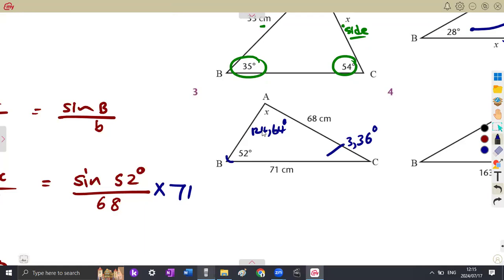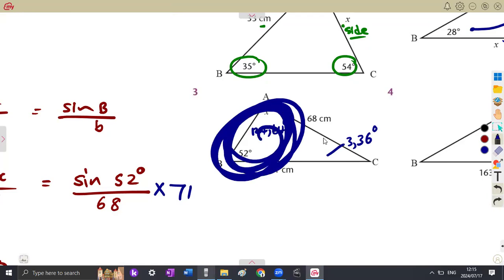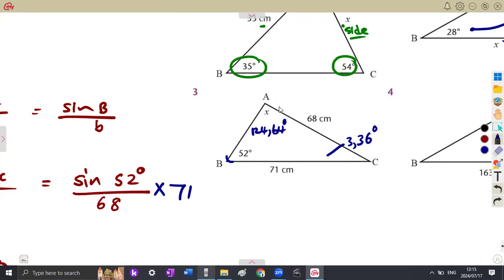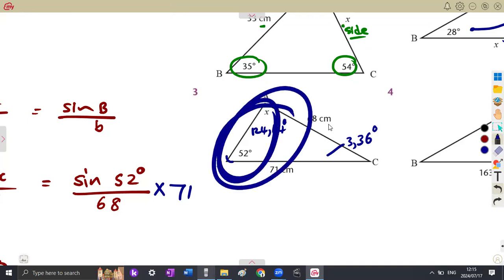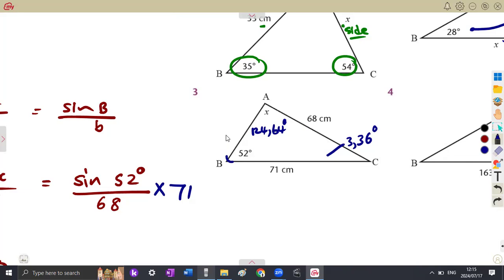Meaning to say it's possible for this angle to be 124.64. These two angles, if you add them, they are less than 180 degrees. So as long as you add these two angles and they are less than 180 degrees, that angle is applicable. You can use that angle in your solutions.